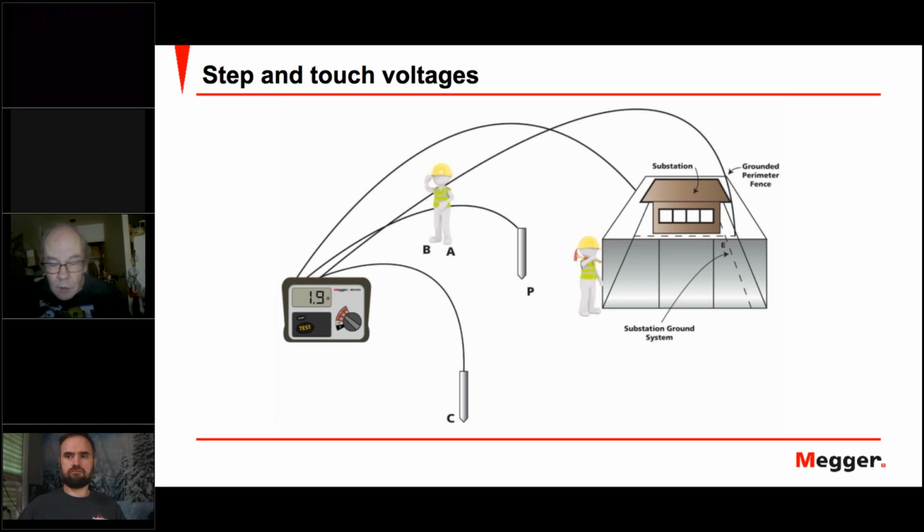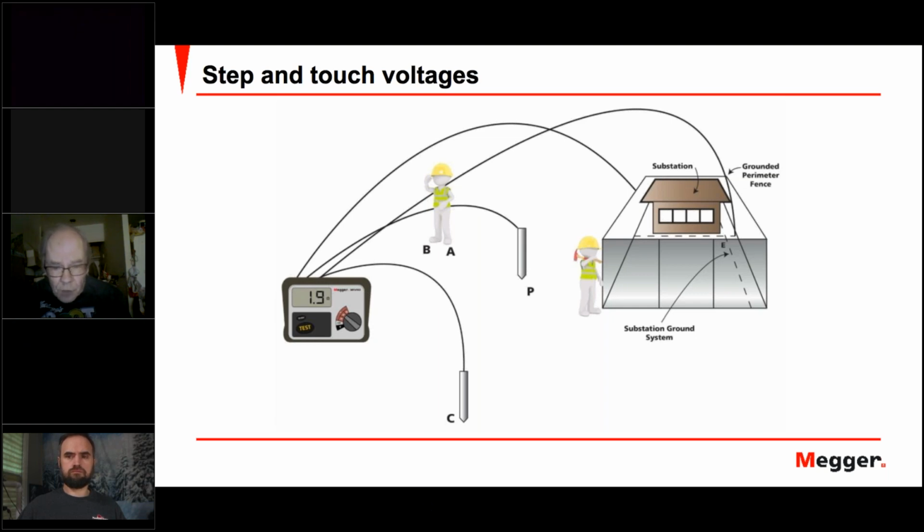And so what you do for a step potential is place two probes in the ground, and you've got your current going to your substation fence, and you've got your other current going to a probe somewhere out, a distant point out in the soil, so that you have a test current now going from the fence to the current probe that we see in the front of the picture here.